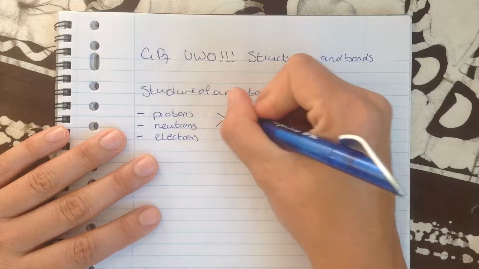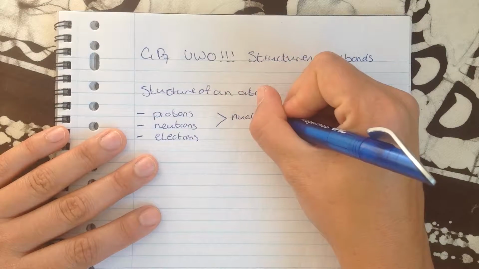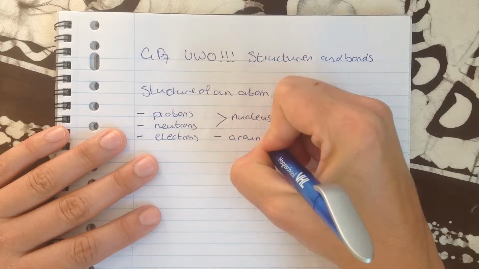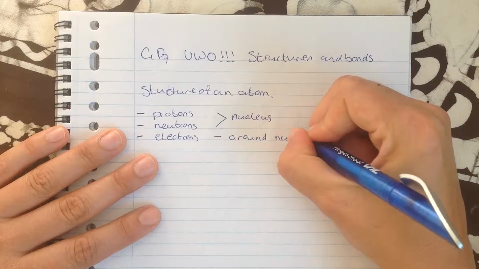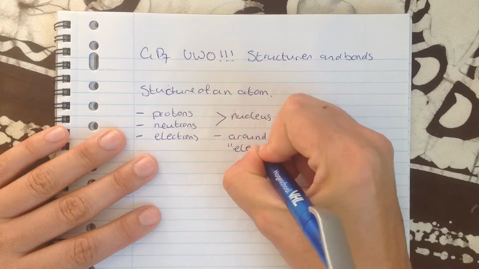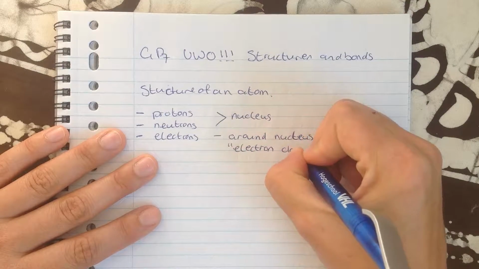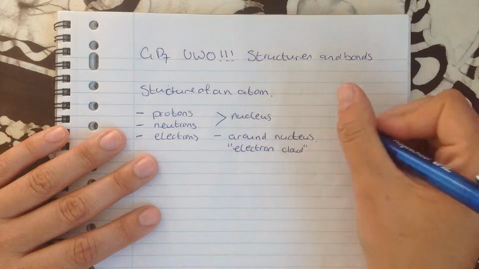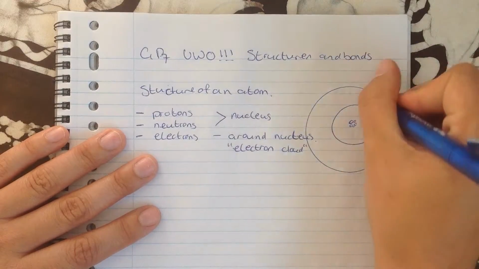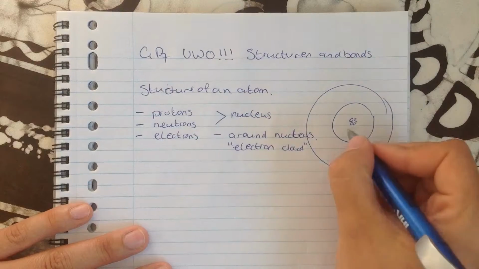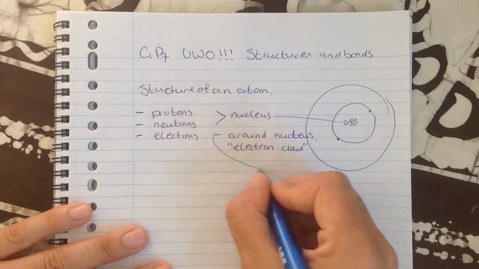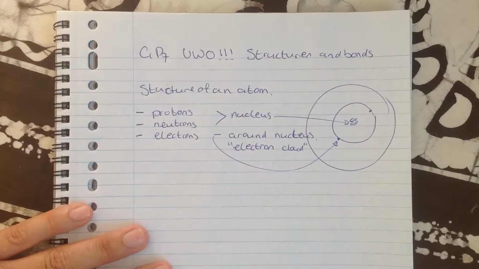The protons and neutrons are in the nucleus, and around the nucleus is what they call the electron cloud. Don't ask me why. So basically there's a nucleus with protons and neutrons, and then there are electrons around it, in shells.